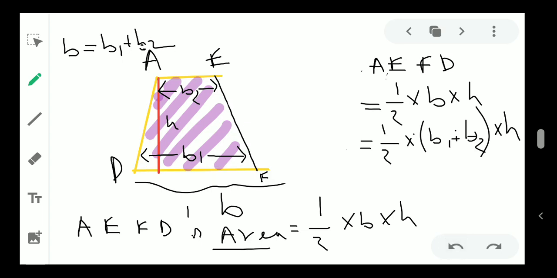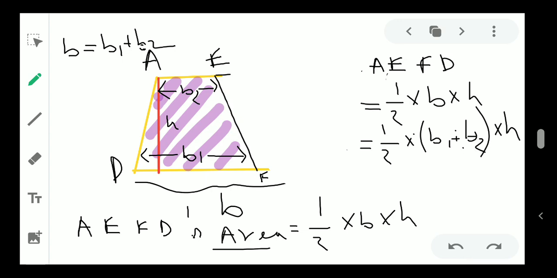So I will take their length, that is the length of DF, that is my B1 here, and I will take the length of AE, that is my B2 here. I will add them, and then multiply with the distance between these two parallel lines and into half. Why?